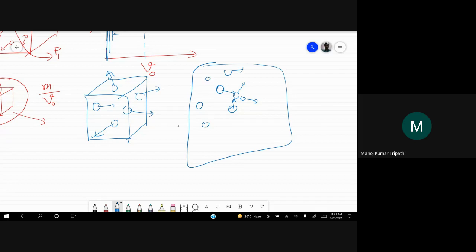And then they take the average of those quantities, such as velocity. They take the velocity RMS, or they take the average velocity, to determine the velocity of the entire material, right? This is one way of doing it.